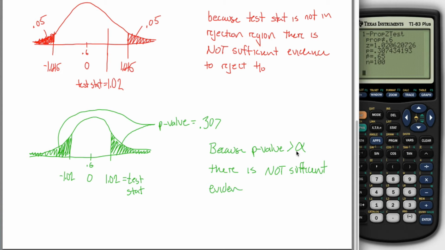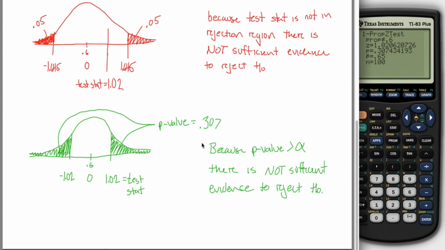Spelled sufficient different. I don't know which one's right. Right, messy, and then nobody can tell. Because the p-value is greater than alpha, there is not sufficient evidence to reject the null hypothesis. Same conclusion, just for a different reason.